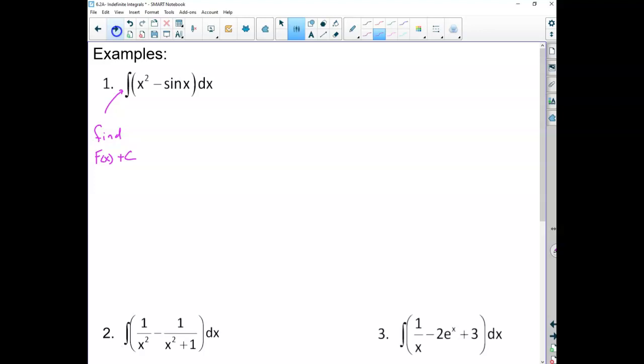That's what it says. It says, find all the functions whose derivative is x squared minus sine x. We can do that, and it's really not any different than we did before. What we were doing the day before is we were saying dy dx equals x squared minus sine x, and it said solve for y.